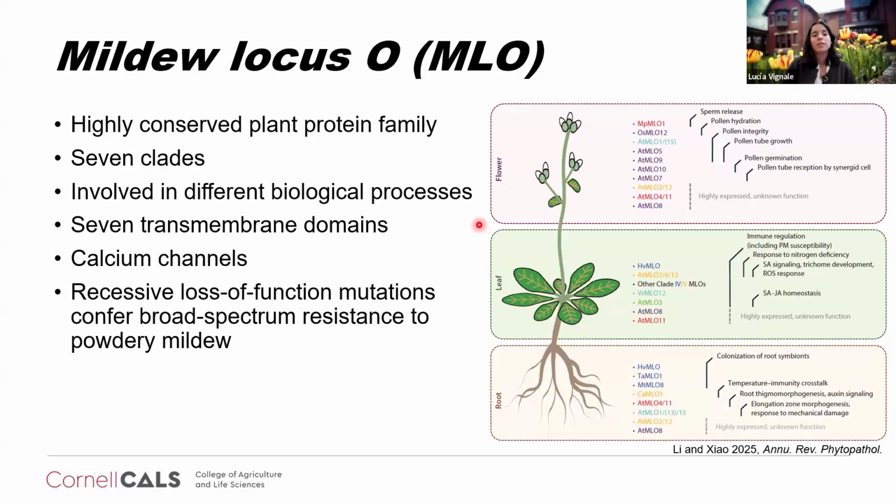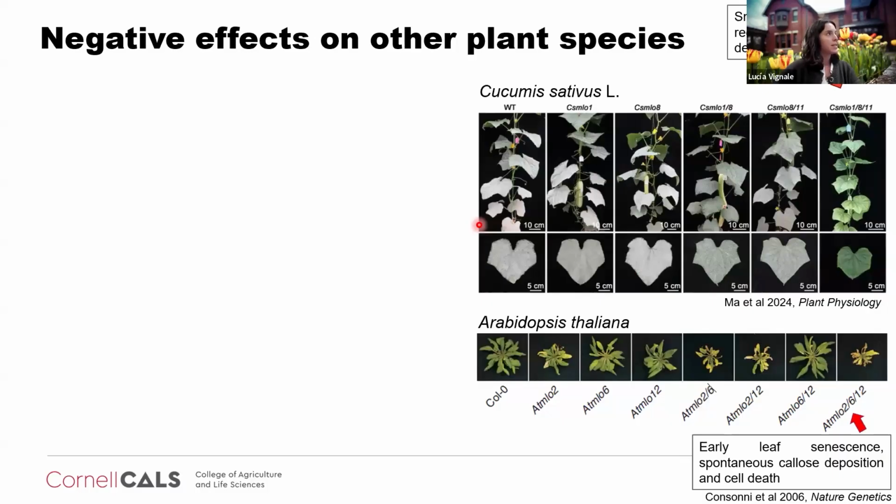In monocotyledonous plants, the clade 4 MLOs are the ones that are associated with this lack of susceptibility to powdery mildew. So in other plant species, I included pictures for the 2 cases, for cucumber and for Arabidopsis thaliana. Both of them have 15 MLO genes, and they have 3 that are in clade 5.